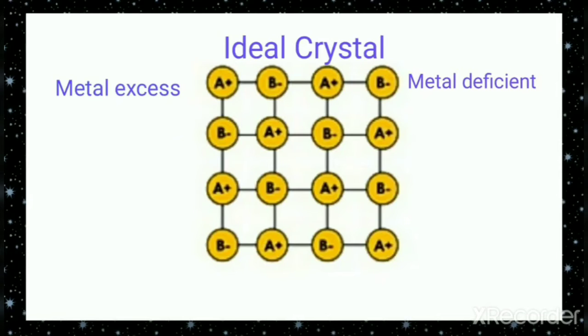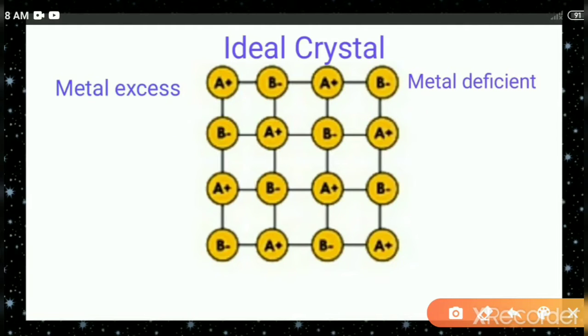Let us consider an ideal crystal which has the same number of positive charge ions as negative charge ions. When we count the number of positive charges here, we have a total of 8 A positive and 8 B negative ions in this figure. So in the ideal case, the number of positively charged and negatively charged ions is equal.